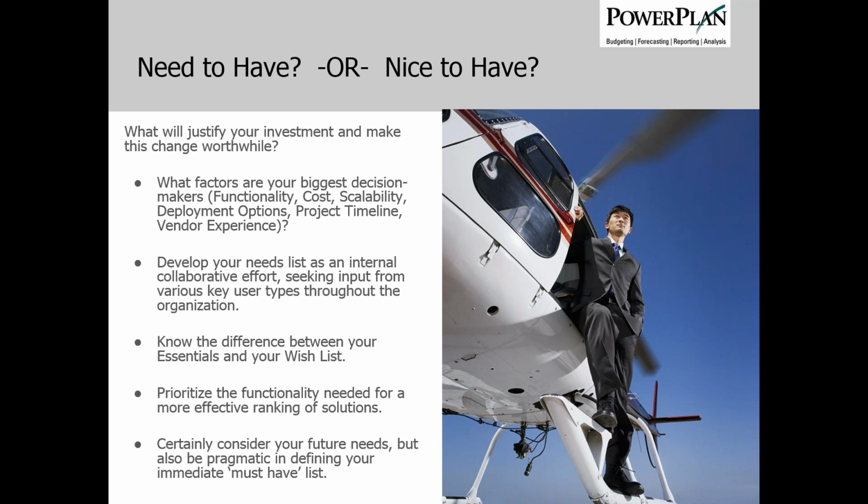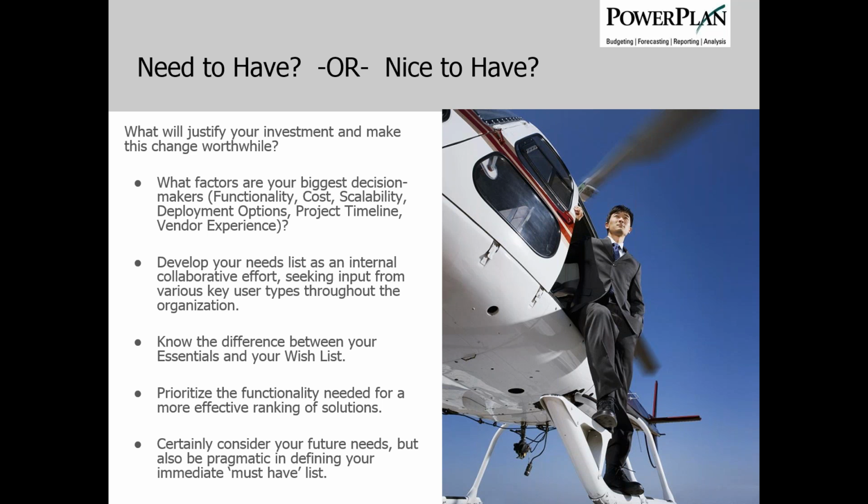So when you're thinking of your need to haves or nice to haves, think about your biggest decision makers. What's going to impact your decision? Is it functionality? And if so, the functionality even is broad in scope. What specific functionality must you have? What would you like to have? And maybe what are you curious about? Okay, is it cost?